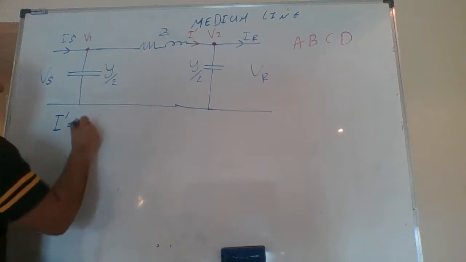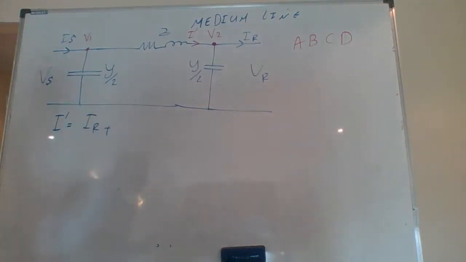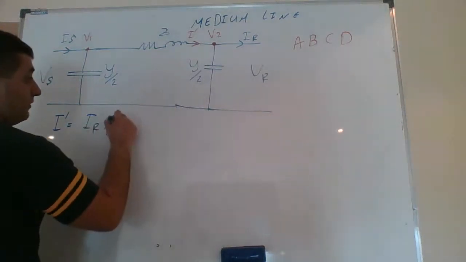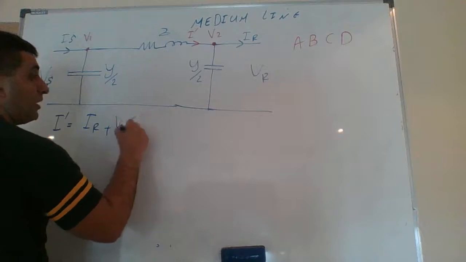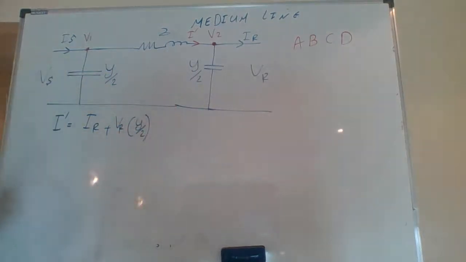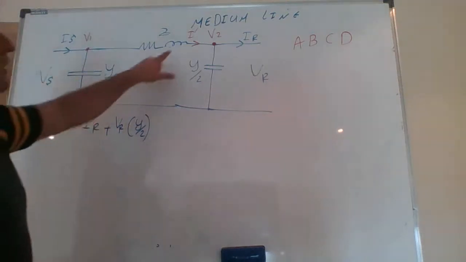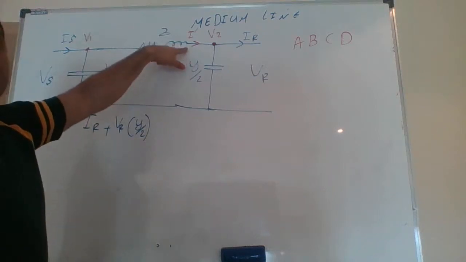So I have I dash equal to IR plus VR multiplied by Y over 2. Okay, perfect. I now defined what I dash is.